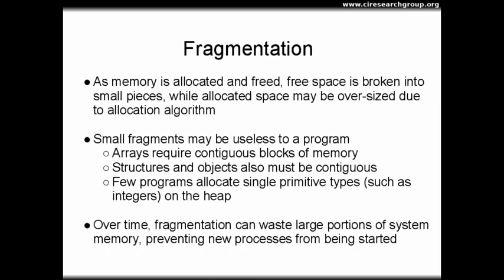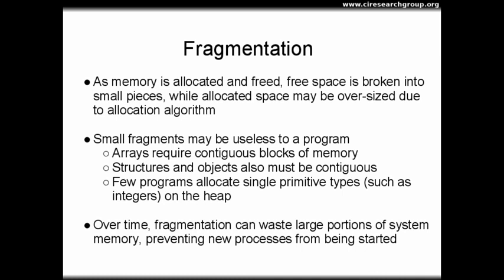Since it is impractical to avoid or fix fragmentation, memory fragments are a significant concern when space is dynamically allocated. Small fragments of memory are useless to programs, particularly C and C++ programs, which require structures and objects to be allocated in contiguous memory regions.